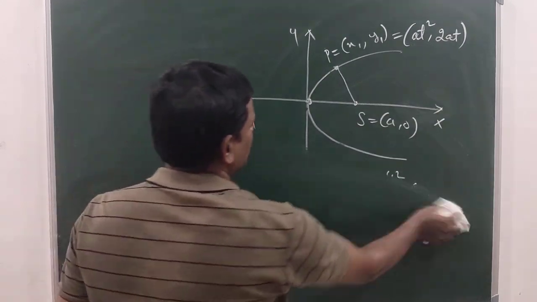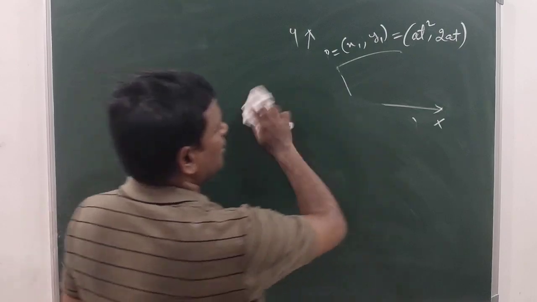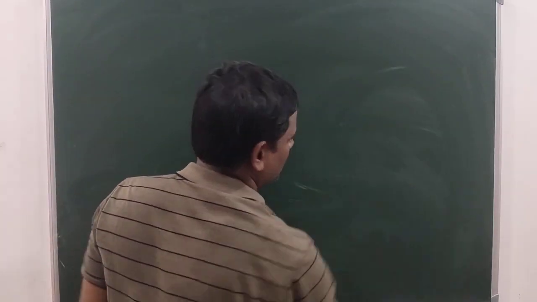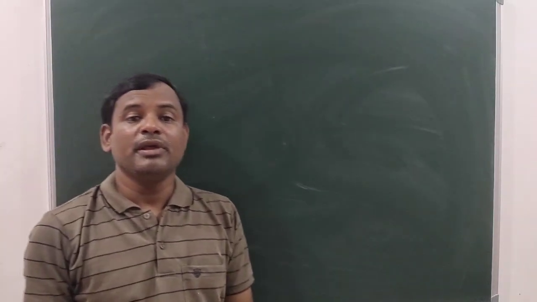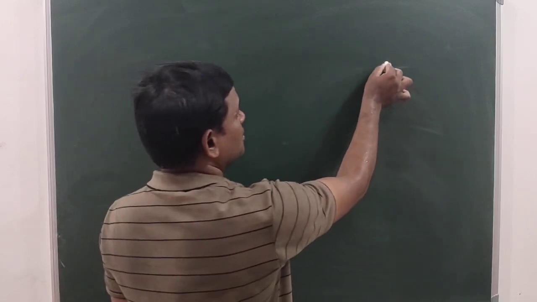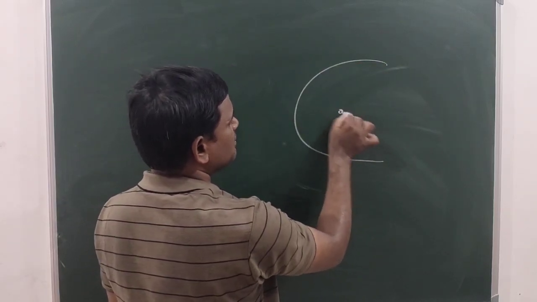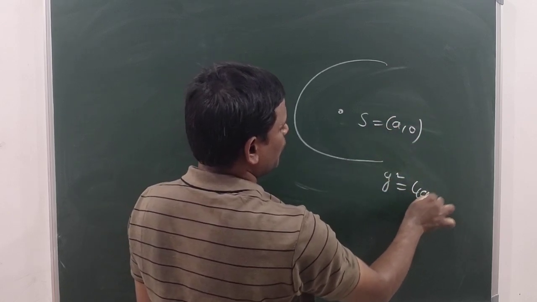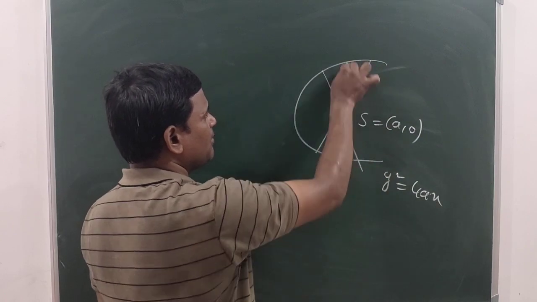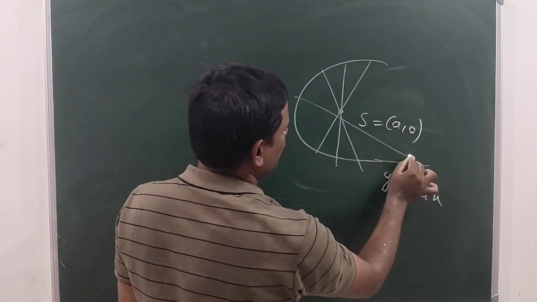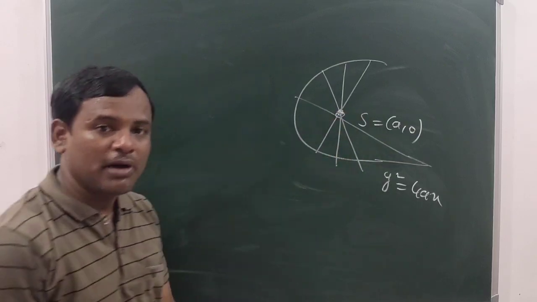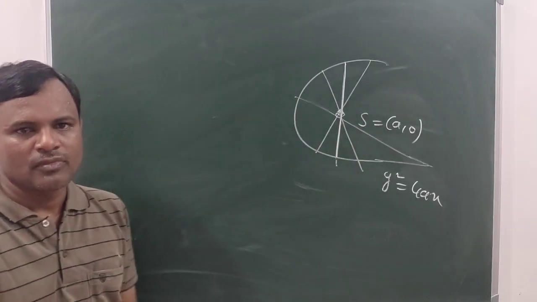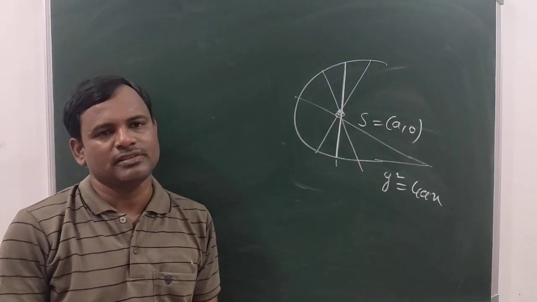Next, how many focal chords can you draw? You can draw many focal chords, the chords which pass through the focus. This is S, a comma 0, for y square equal to 4ax. So infinitely many focal chords you can draw. Among all that, the latus rectum is of minimum length.